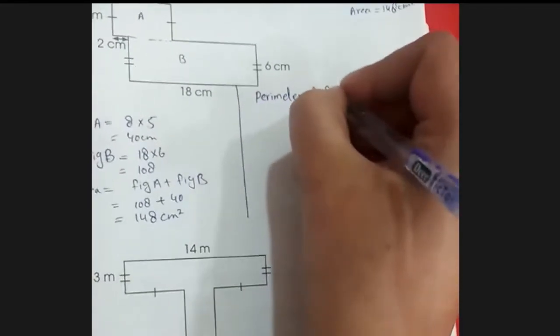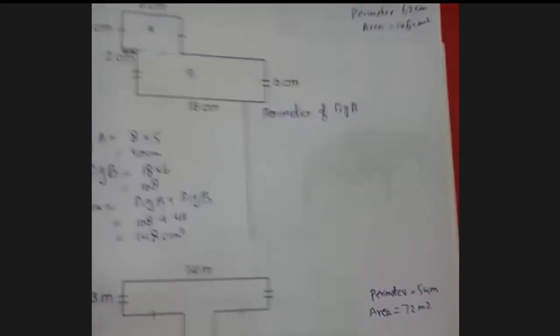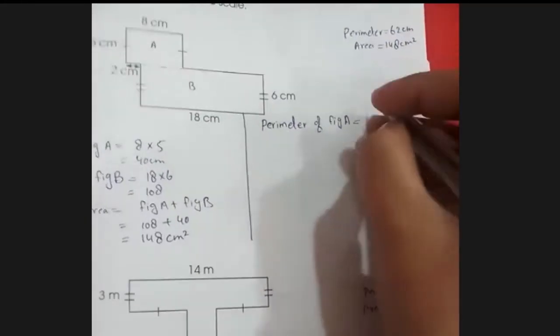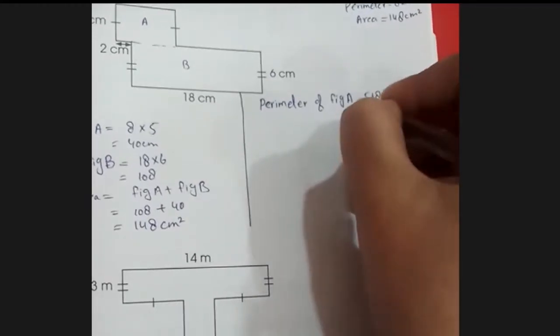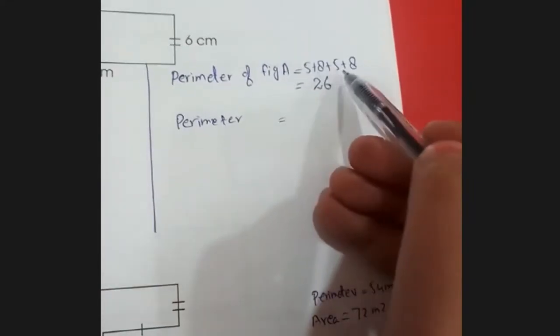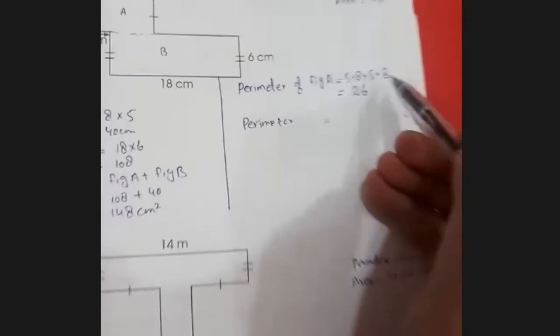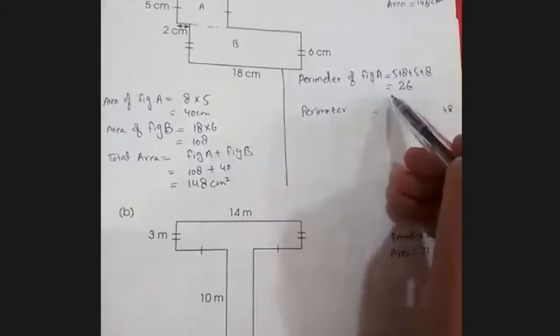Perimeter of figure A is equals to 5 plus 8 plus 5 plus 8: length plus breadth plus length plus breadth. Okay, we have to find it like this. That is equals to 26.